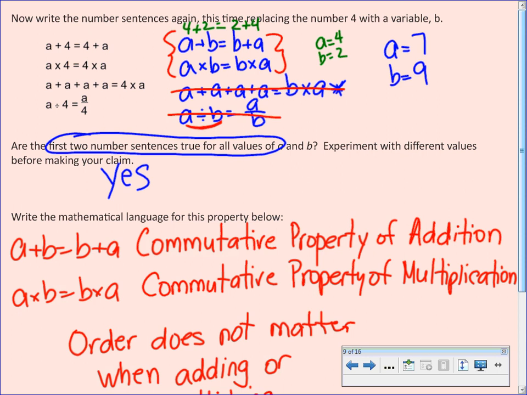They both equal 6. 4 times 2 is 8. 2 times 4 is 8. So those were equal. But here, 4 plus 4 plus 4 plus 4 equals 16. 2 times 4, that does not equal 16. So that statement didn't work.